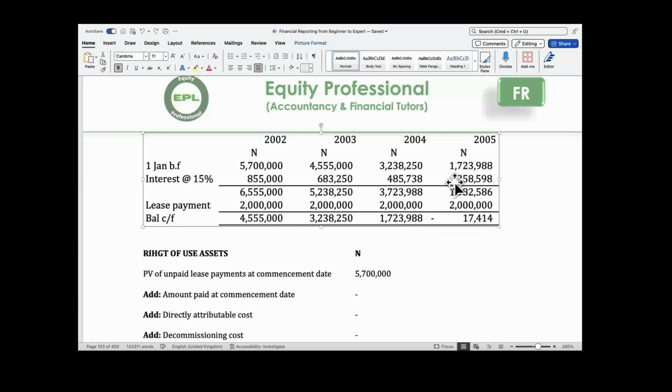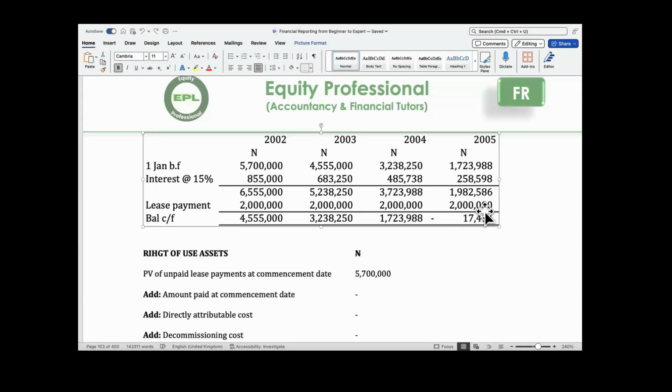You apply the interest on that, we get 258,598. You add them together, it brings it to 1,982,586. You pay your rent, so you remove it.